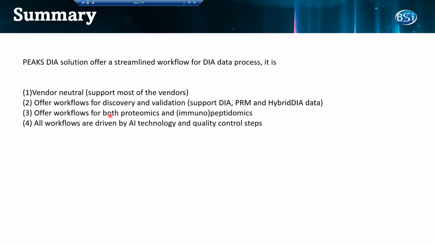And our workflow supports proteomics and also peptidomics, which more people may use for the immunopeptidome. All the workflows are driven by AI technology, such as prediction. And in all of our workflows we offer the QC steps. You can use the QC to control the result.